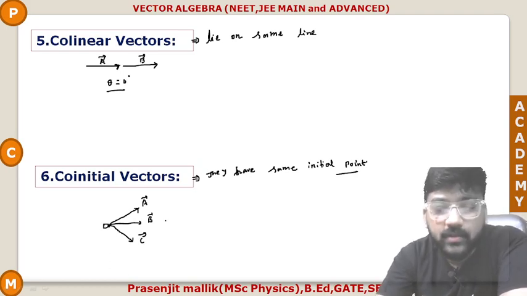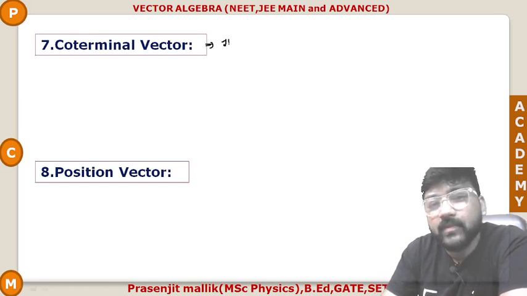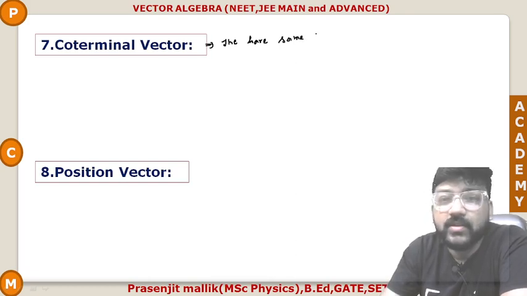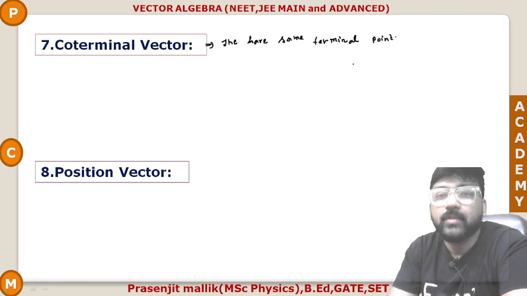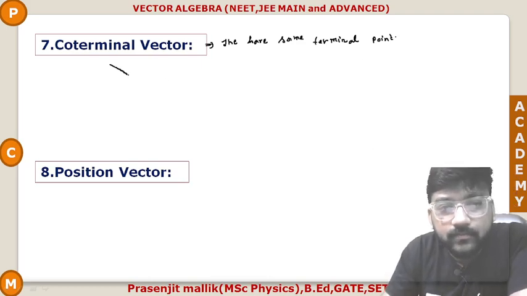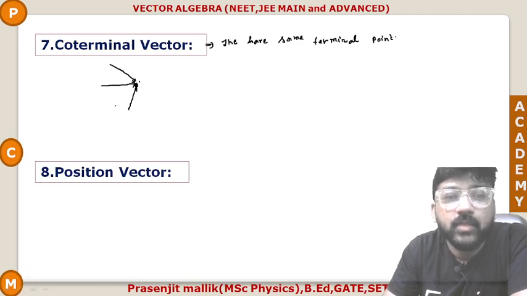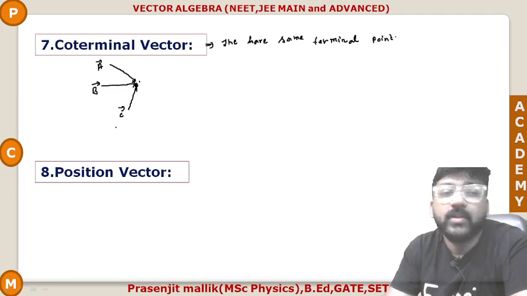Now coterminal vectors, they have the same end point actually. They have the same terminal point, that means end point. So this is your terminal. So in this case, A, B, C are coterminal vectors.